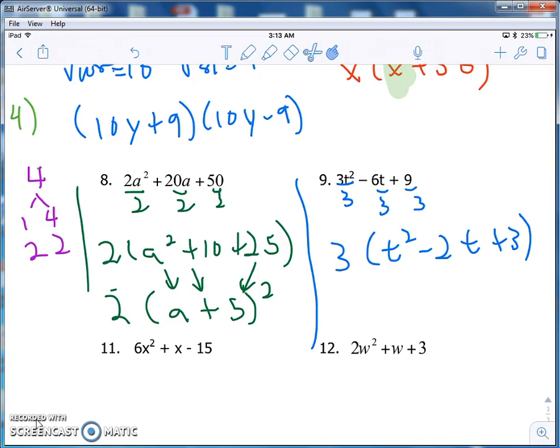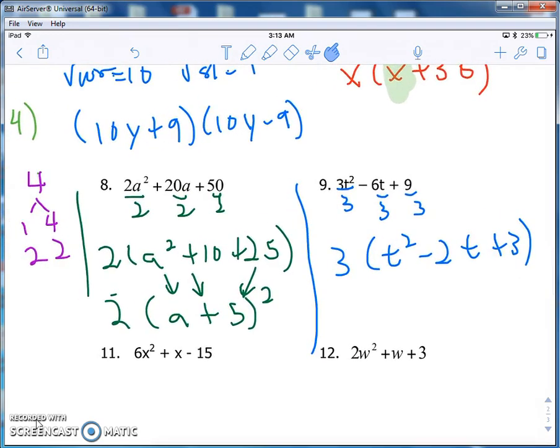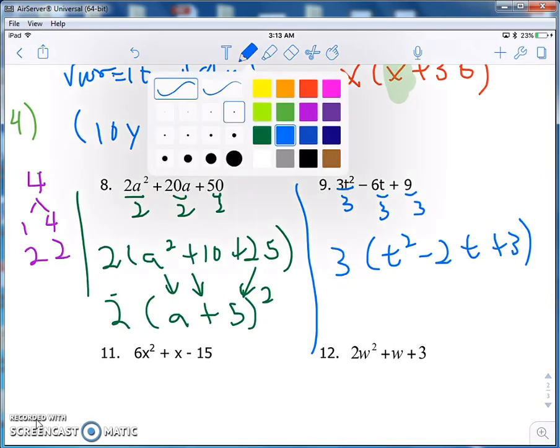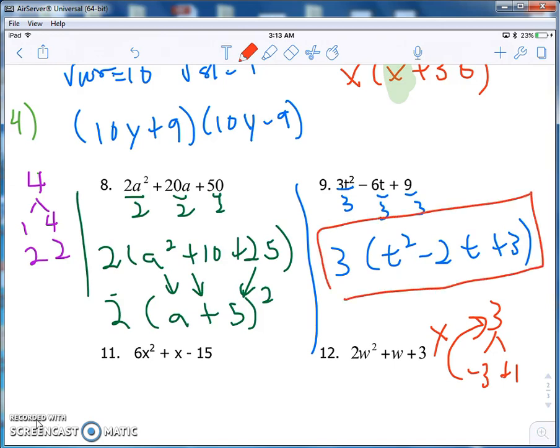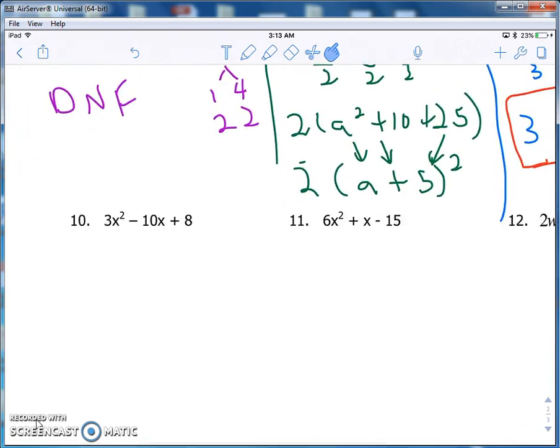It's very tempting to say that negative 3 plus 1, so let's use red because it's wrong. The problem with negative 3 plus 1 is that it doesn't multiply out to be positive 3. So because you need a negative 3 on the end for that to work, it means it does not work. So it's not DNF, it's just your factorization stops there. Don't put does not factor, it did have a common term. Okay, a little bit weird. Let's move on to number 10.